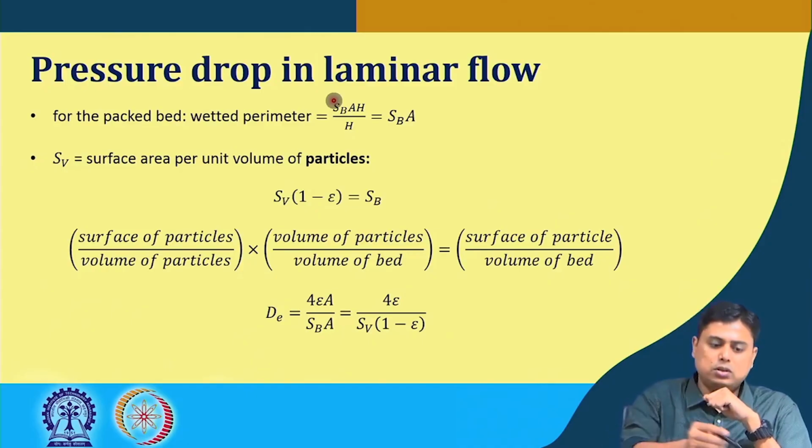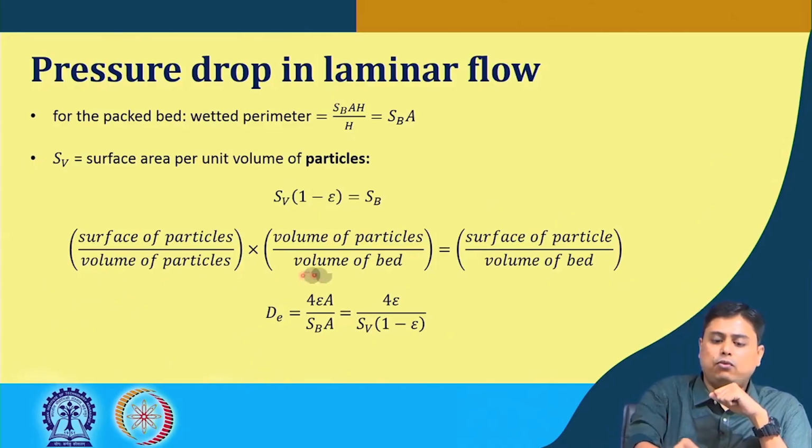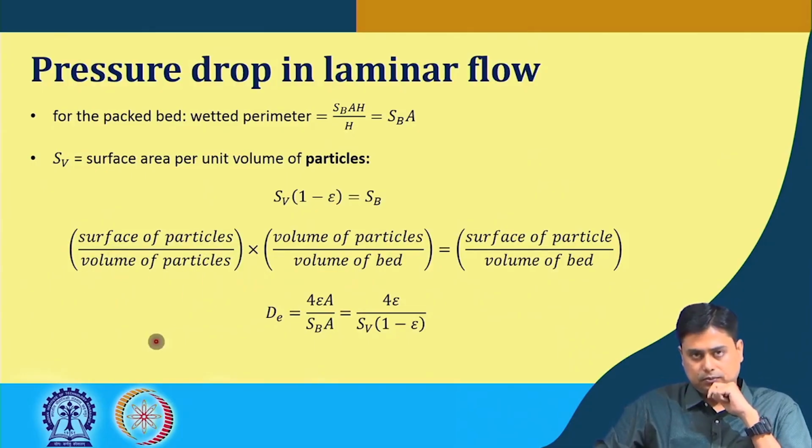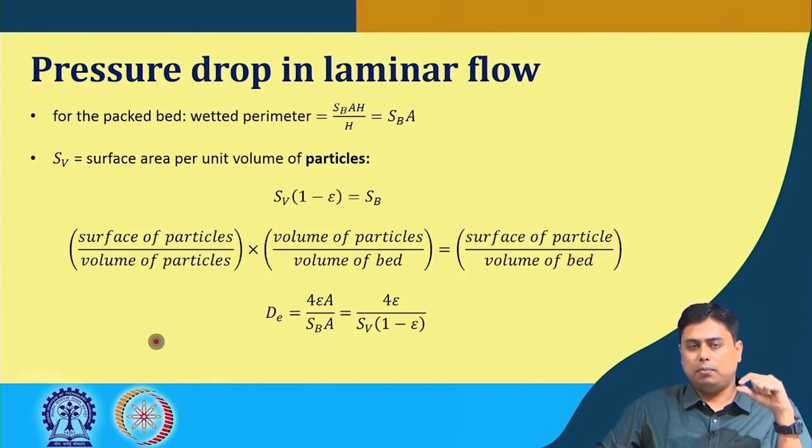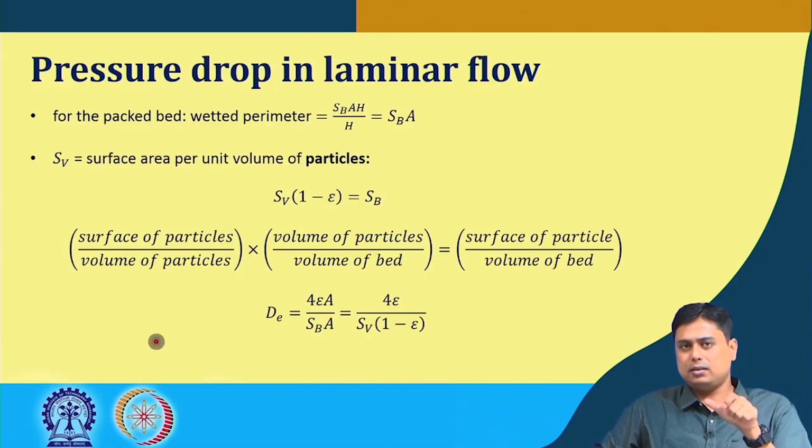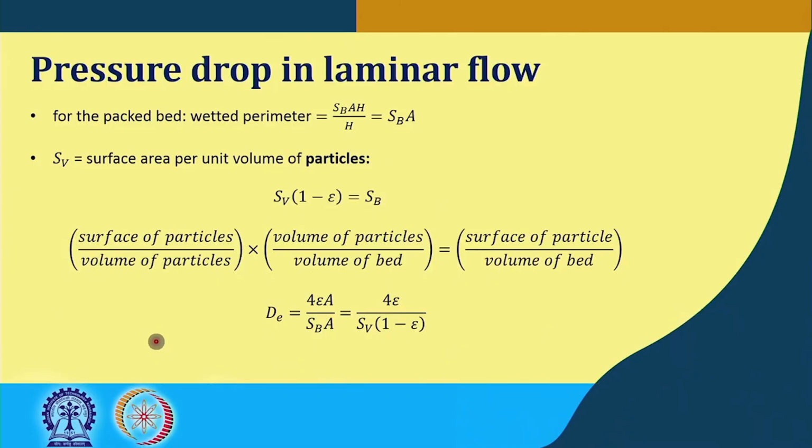So, in a more simplified manner, if you follow this expression, the surface of particles by the volume of particles, which is basically the S V, surface area of particles per unit volume of the particle, multiplied by volume of particle per unit volume of the bed, which is nothing but 1 minus epsilon, because epsilon is volume of empty space divided by volume of bed.